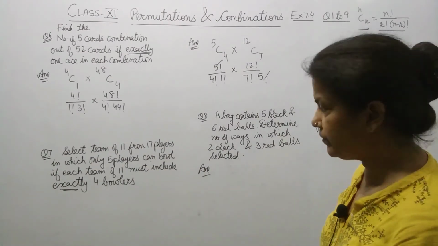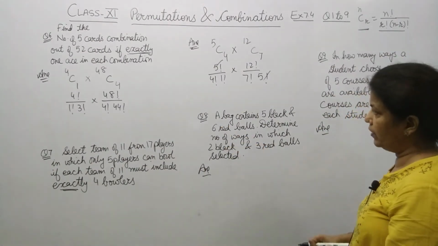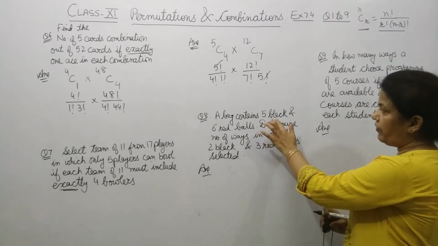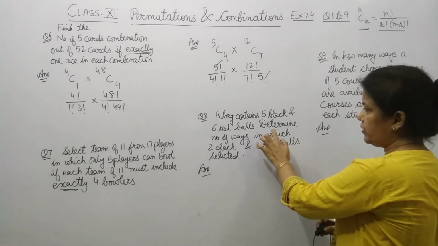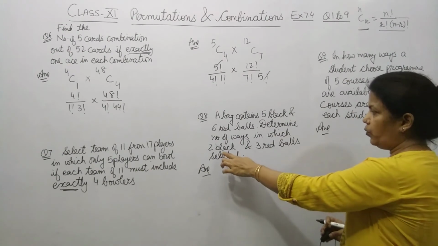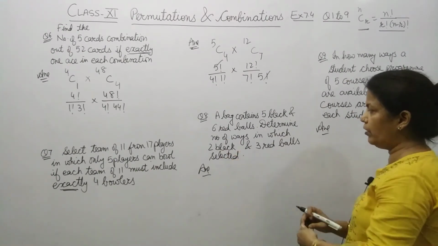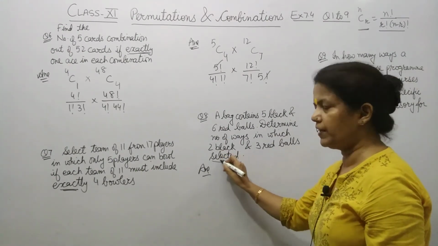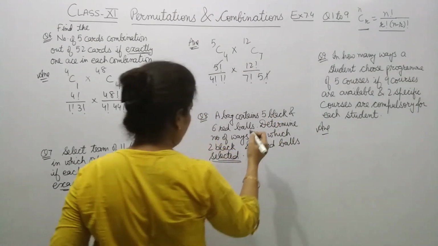Clear? In question 8, a bag contains 5 black and 6 red balls. Determine the number of ways in which 2 black and 3 red balls can be selected. Okay, 5 black.